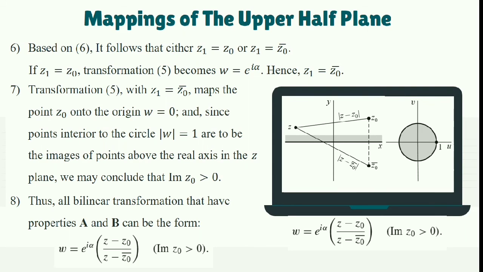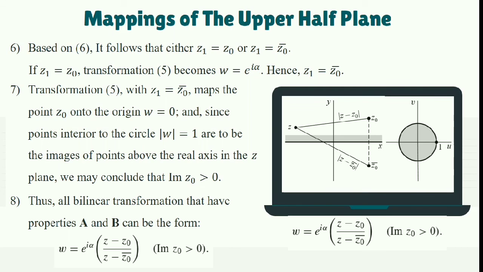Based on requirement 6, it follows that either z1 equals z0 or z1 equals the conjugate of z0. If z1 equals z0, the transformation 5 becomes w equals e to the i alpha. Hence, we get that z1 should be equal to the conjugate of z0.